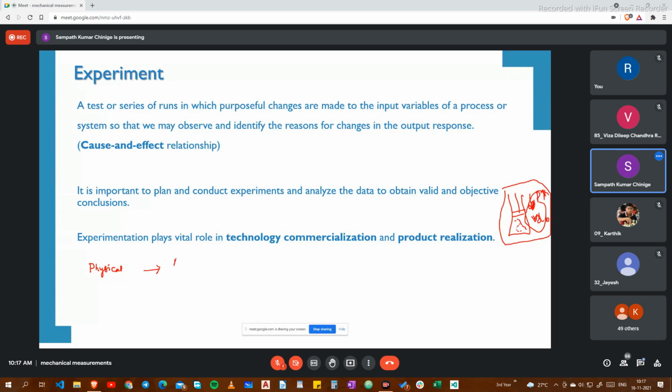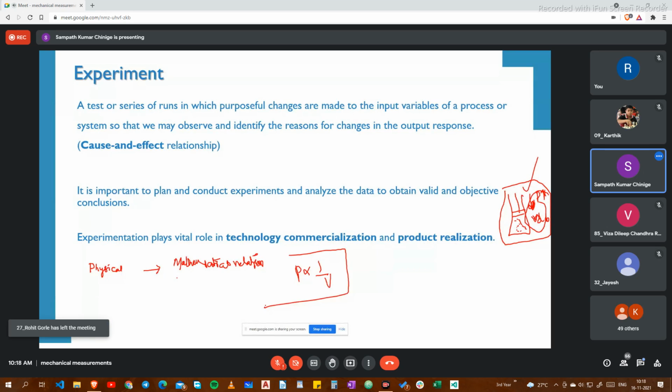Based on this relation, you can write these two variables as a relation by a mathematical model. So you have a mathematical equation which tells the relation between these two. In order to get to this relation also, pressure is inversely proportional to V, you have to do this experiment, correct? Unless you do the experiment, you cannot say that this relation will come. So this observation has been made by a particular experiment.